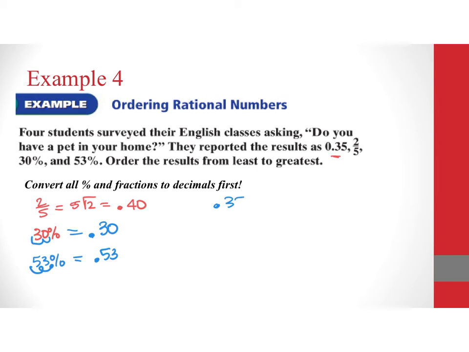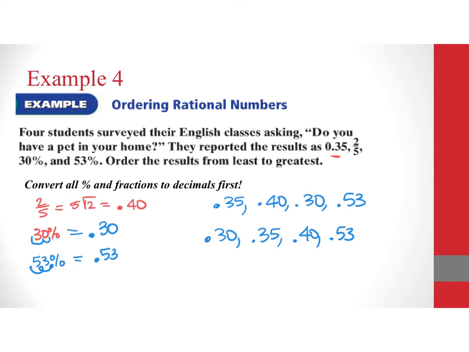If we list these out, we have 0.40, 0.30, and 0.53. So if I write these from least to greatest, I have my 0.30, then my 0.35, then we have 0.40 and 0.53.